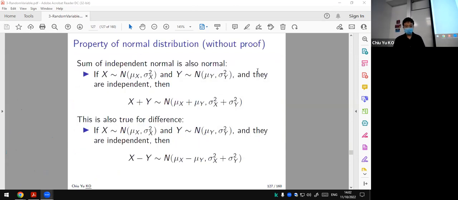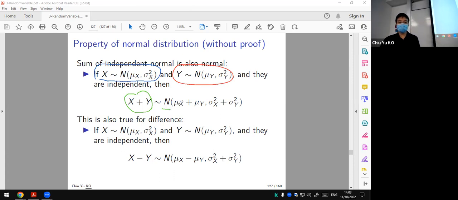Here are some properties. We don't prove them, but I think it's easy to see why they're true. Something very interesting about the bell curve: if we have one bell curve from X and another bell curve from Y, it turns out if you add them together, it is still a bell curve.